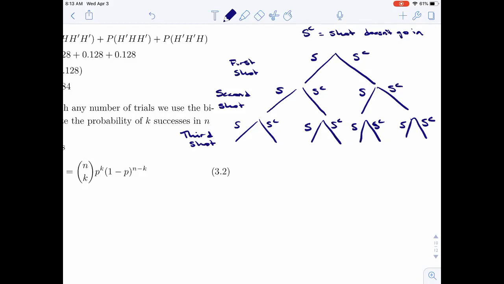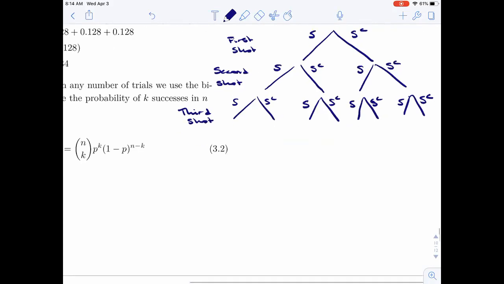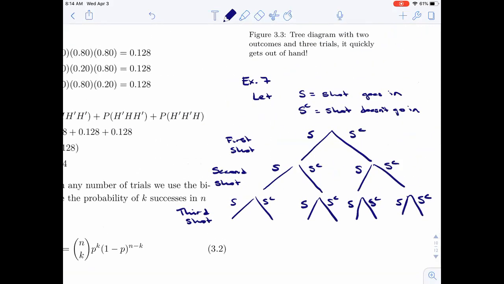We're told that the probability of S is 0.2. So the probability of S, I'll just put it up here, is 0.2, making the probability of not S 0.8.